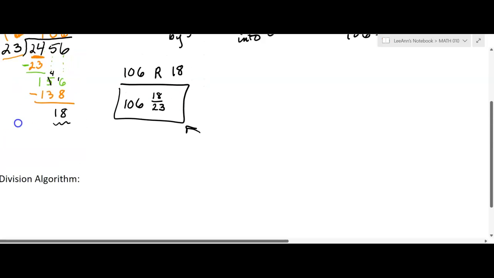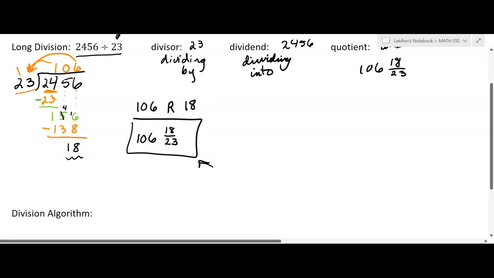The division algorithm says, let me back up a little bit. You want to check this. If you take the quotient, so your answer, times, I'll just use a dot, times the divisor, plus the remainder, it's going to equal the dividend.